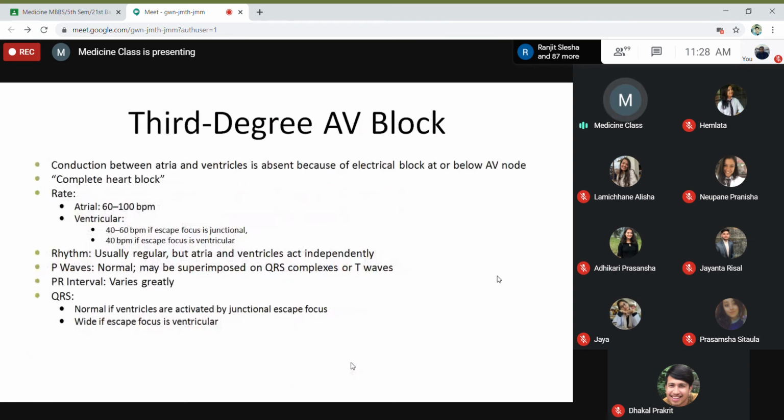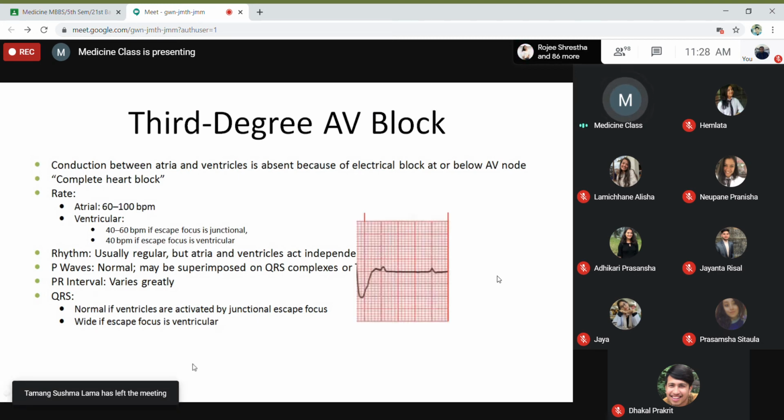In third degree heart block, that is complete heart block, there will be complete dissociation of atrial and ventricular electrical activity. The atria will have their own rhythm, and the ventricles will have their own rhythm. It will be like this.